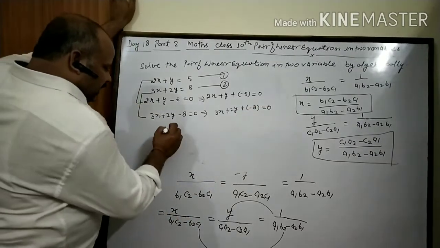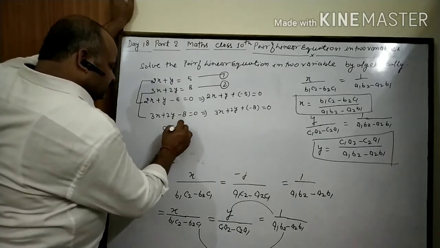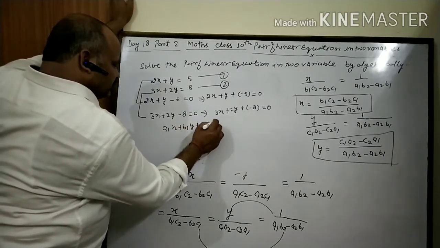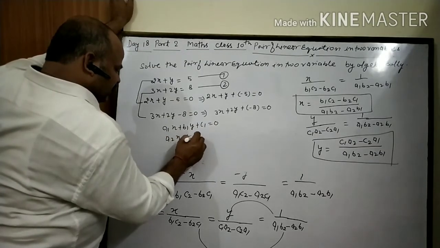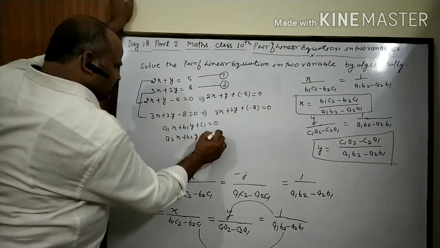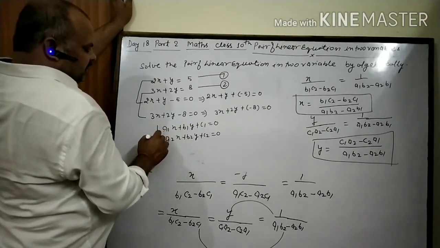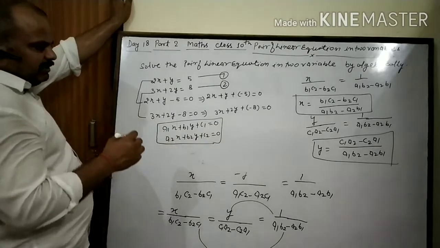Then compare it with a1x plus b1y plus c1 is equal to 0, and a2x plus b2y plus c2 is equal to 0. Compare this with the standard form of a linear pair of linear equations in two variables, clear?